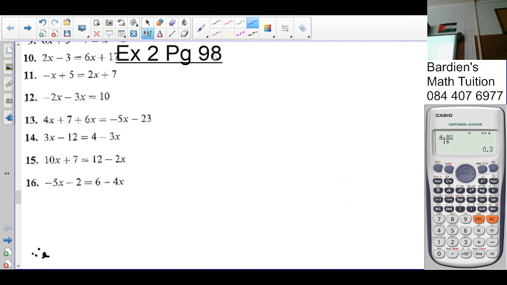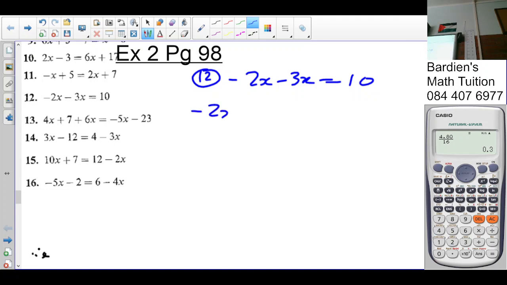Let's look at number 12. Maya, what's your answer to number 12? X equal to 0. Is she right? You're not right. But tell me, what did you write? Negative 2x minus 3x minus 10 equals 10 minus 10.